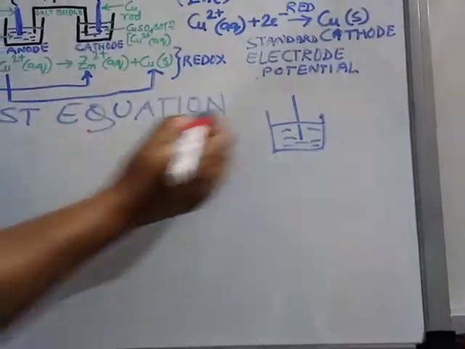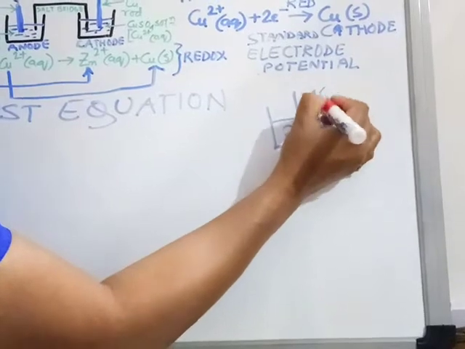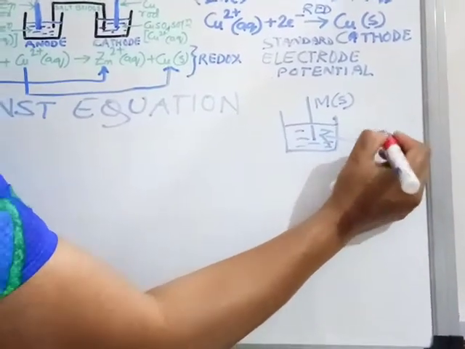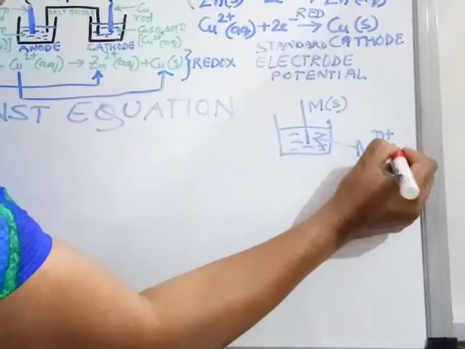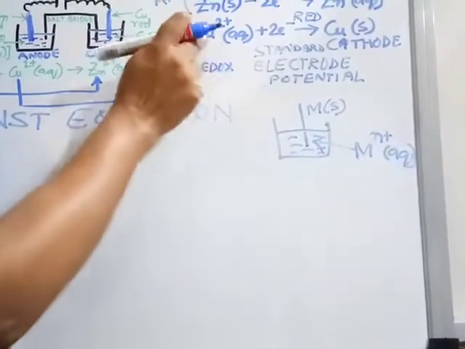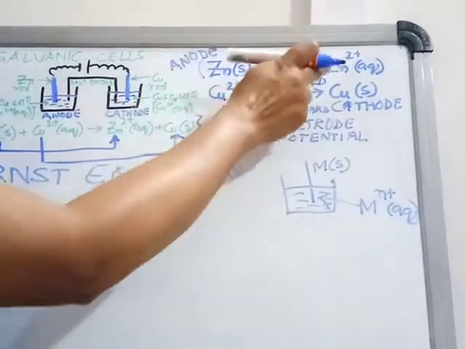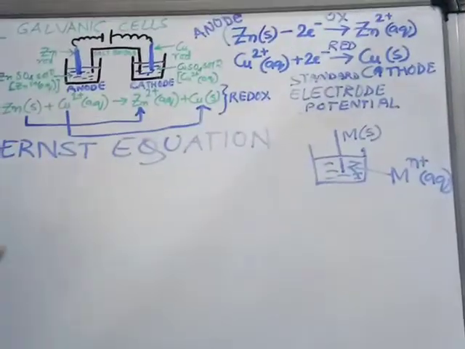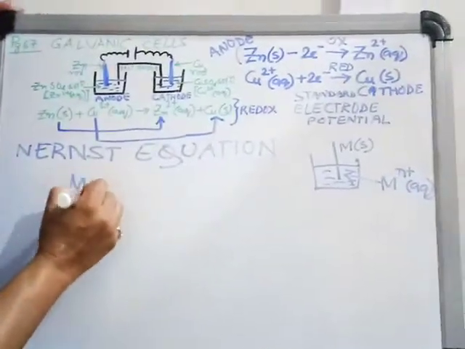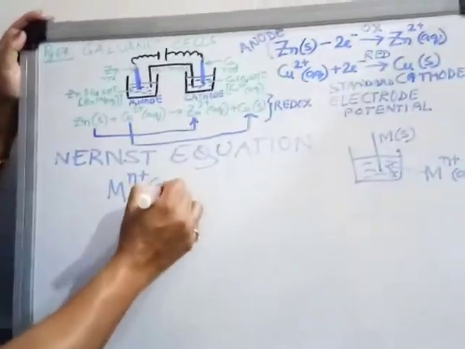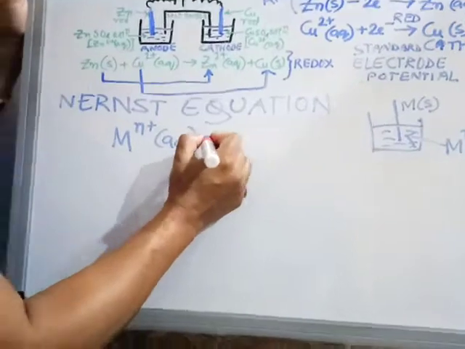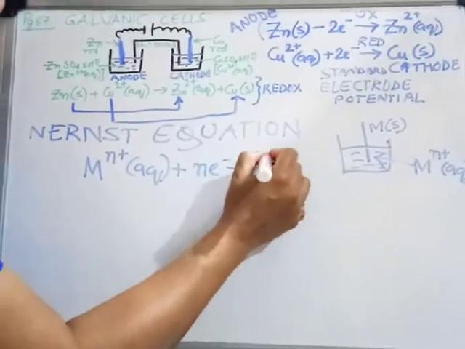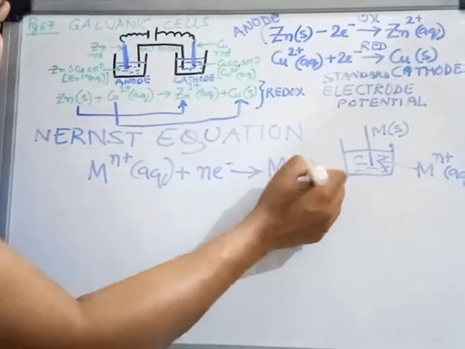Then this will be our M, which is in the solid state, and in the solution we have Mn+, because copper or zinc always forms Cu2+ or Zn2+. For a general one, we write like this. So if we take a general equation, Mn+ aqueous plus n electrons it will take up, and it will become solid M.